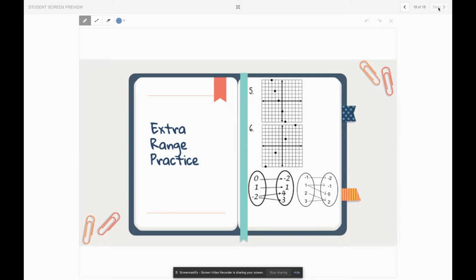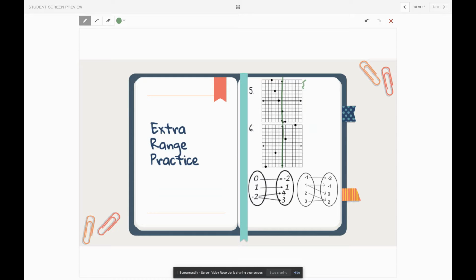Last bit, range on my graph and on my mapping diagram. The y is my vertical line. So I've got to make sure I'm reading numbers on the vertical line. Again, I want to go from smallest number to biggest number. So I'm going to start at the bottom here.